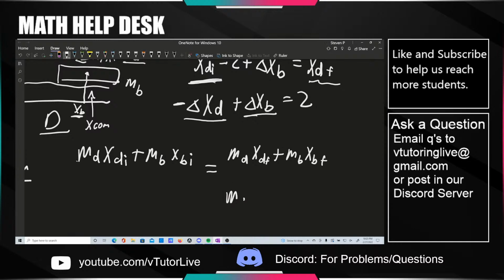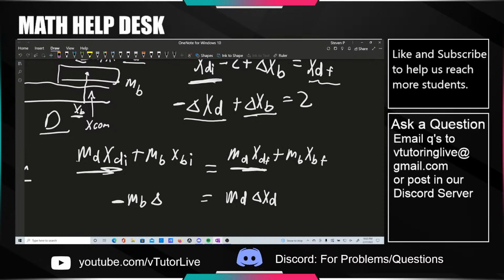This over here turns into, if we take this term and subtract this term from it, just move it to the other side by subtraction, mass of the dog times delta x of the dog is equal to mass of the boat times delta x of the boat, but there needs to be a negative sign here, right?